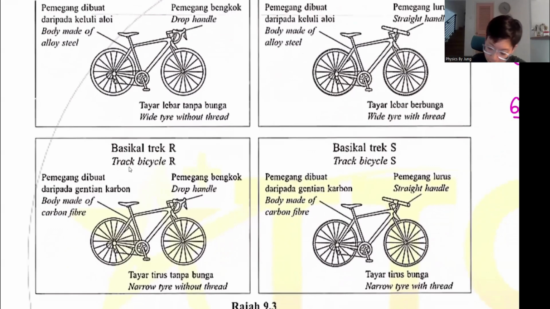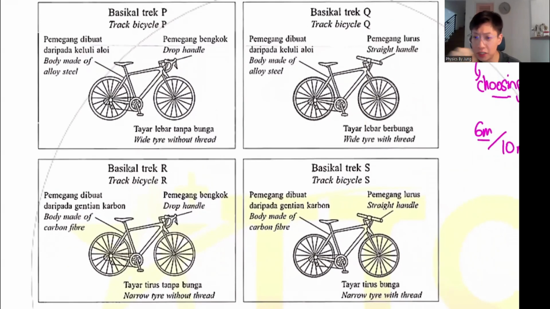So now, we try to identify certain things first. I realize here, guys, in these 4 pictures, how many differences are there? How many differences are there in these 4 pictures? No, it is not 3 differences.